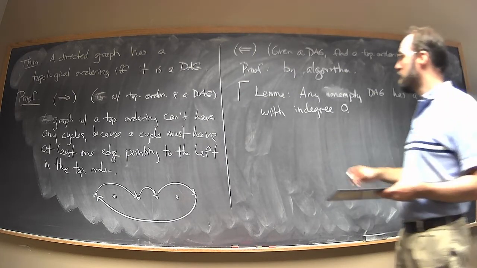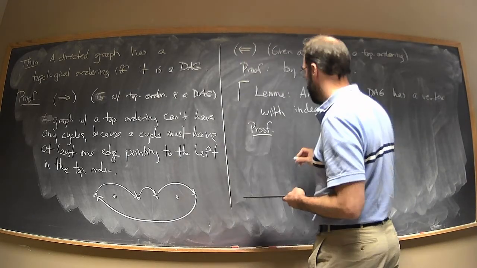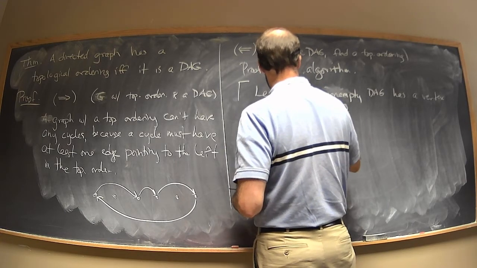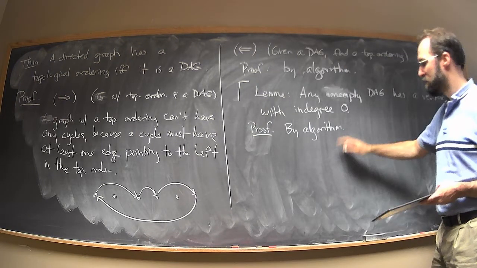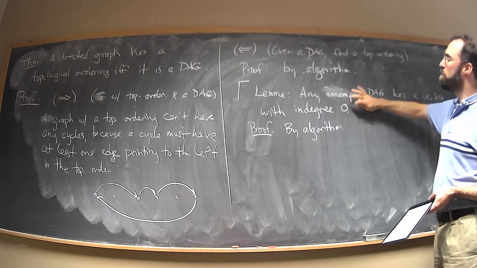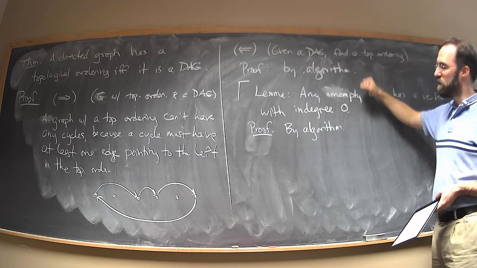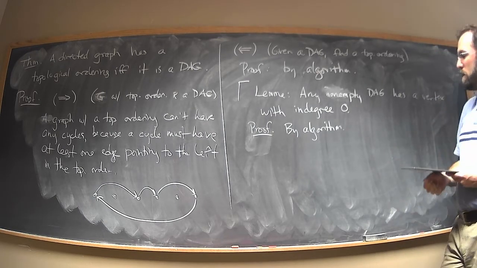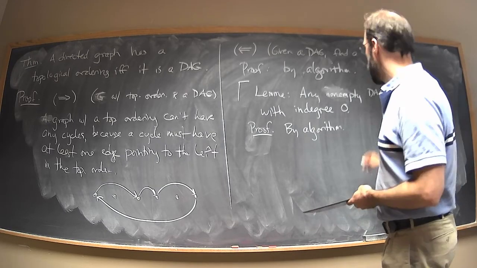Okay, and let's prove this. We're also going to prove this by algorithm. That is, I'm going to give an explicit procedure for finding one. If we're going to use this lemma and we want this to end up being an algorithm we can actually run, then this lemma had better also be something we can run. So here's what we're going to do.